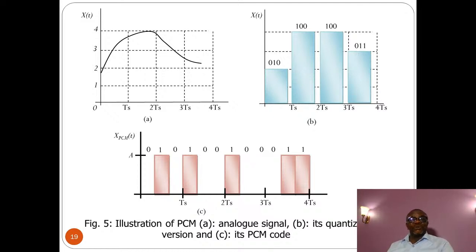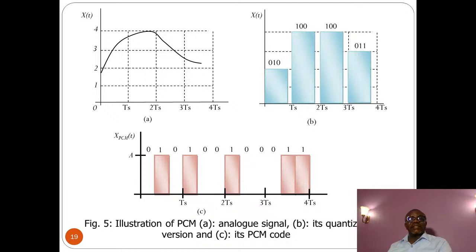Then it comes to 2TS. It sees the signal again closer to 4. It now puts up another pulse from that 2TS as 4, which is again 100. Then it comes again at 3TS.